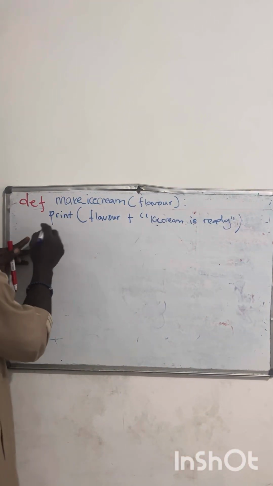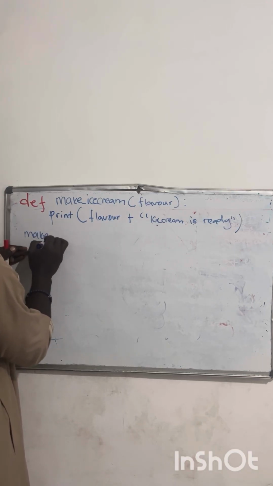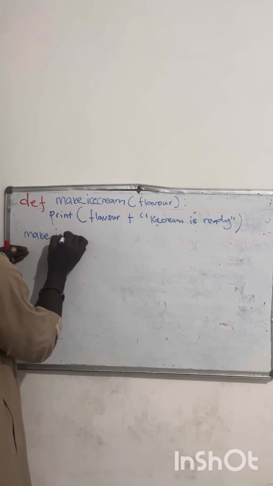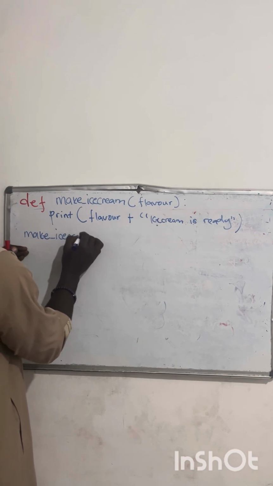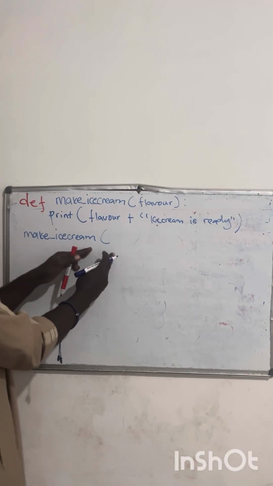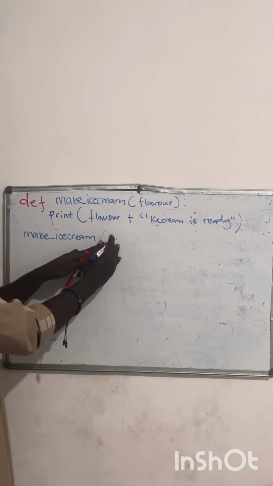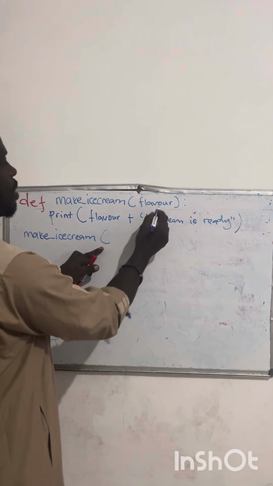And so we are going to call the function. When we call the function, we call it by stating its name, make ice cream. Now at function calling, we are going to put an argument. Remember, this is a parameter.